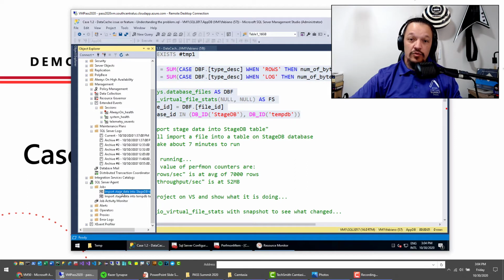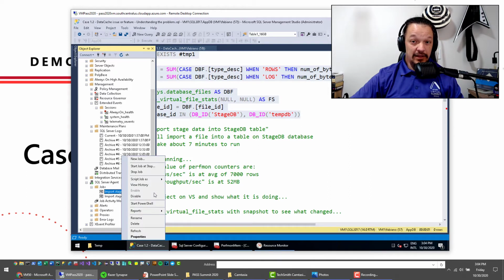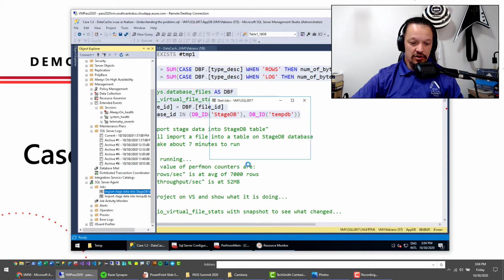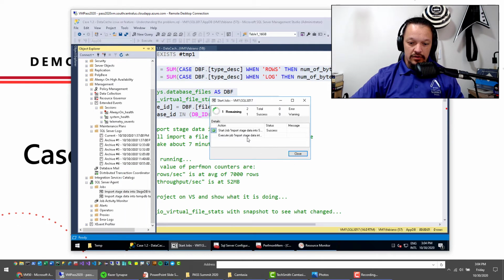All right, let me run the job. But now I'm going to run the version that is actually writing to the user database table. This is going to take longer because it's going to write into the data file. eagerWriter is going to write into the data file. Let's run it. Start job. It's in progress.